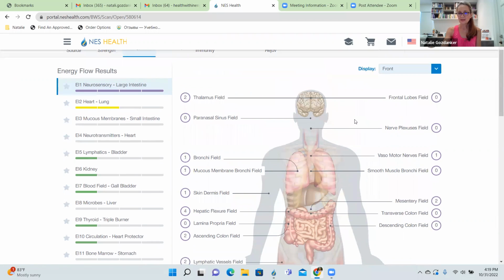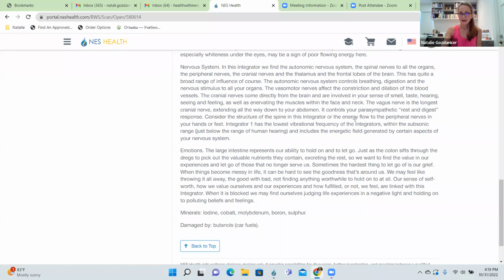When this integrator gets upset, very often people associate it with the emotional distress of frustration, lack of motivation, sometimes inability to rest. Usually people are a little bit more aggressive than usual when this integrator is disturbed. Also, when it's disturbed, people find it very difficult to let things go, to let go of grief.